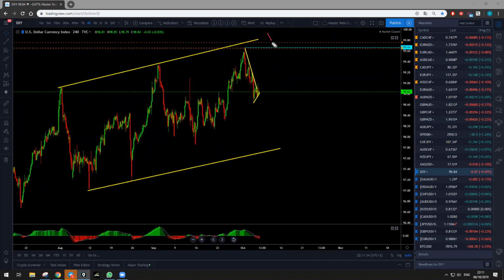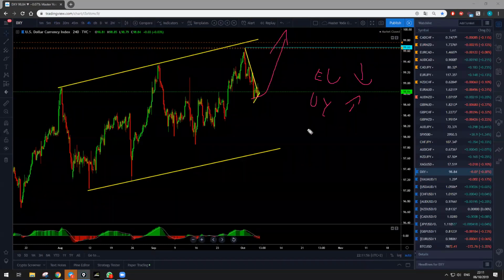This is why I have my alarms over there, because I will be a seller again on USD. If DXY starts pushing to the upside, it means that Euro USD will push lower, and USD Yen will push higher. So you can trade it like that.